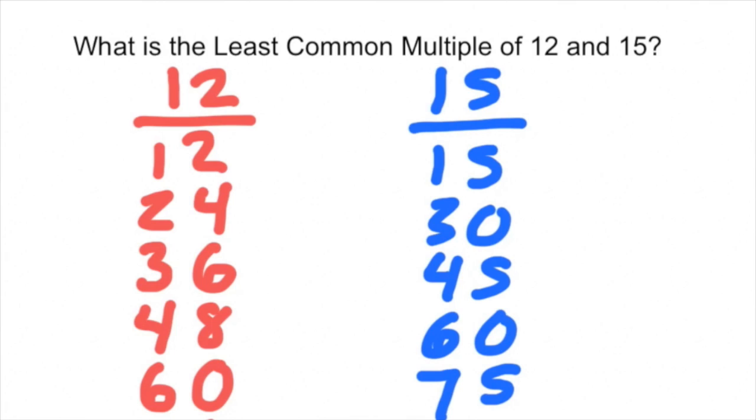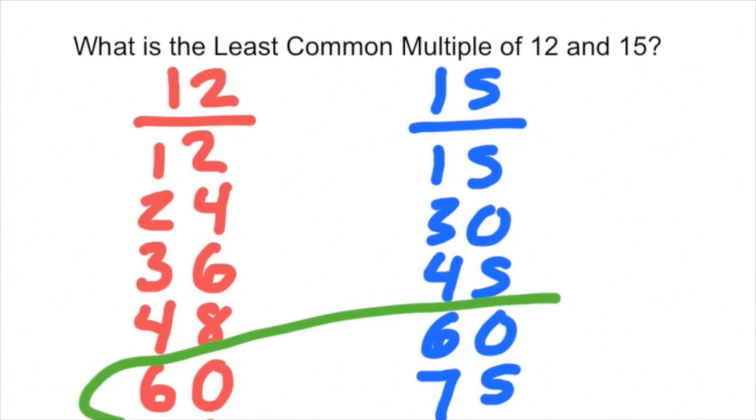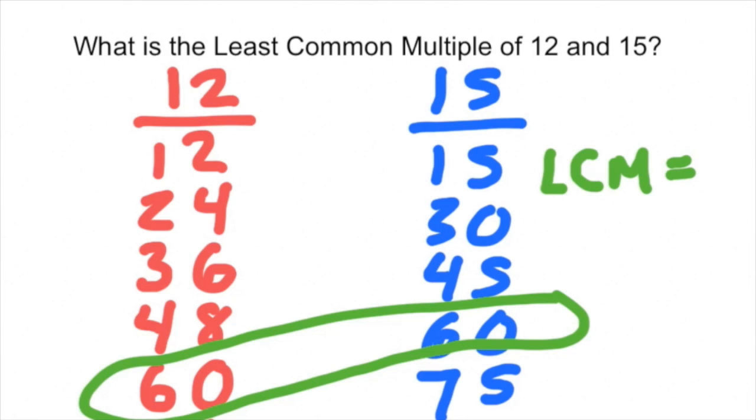And now we're looking for anything that is the same. So here we have 60. 60 is the same, and there's nothing smaller that matches between the multiples of 12 and the multiples of 15. So the least common multiple for 12 and 15 is going to be 60.